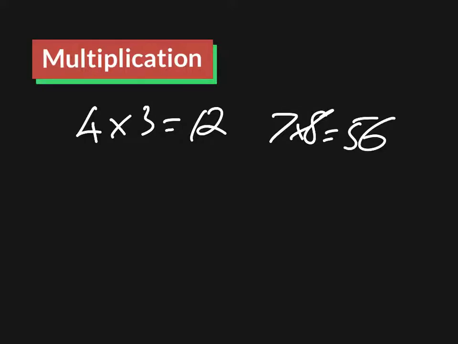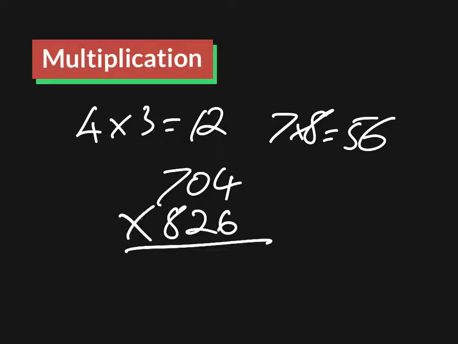It's also important in estimating, so you can know approximately what the answer should be even when you are using a calculator. For example, if you were multiplying 704 times 826, you could round off the numbers to the nearest hundred, so 704 would be 700, and 826 would be 800.